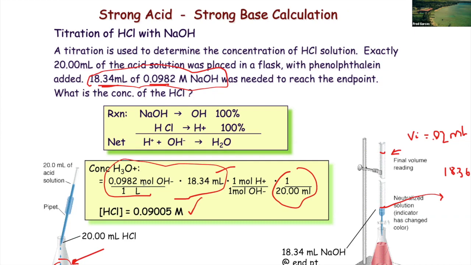You have the moles of the base, that's the concentration times the volume, and you're using the stoichiometric ratio. It's a 1-to-1 ratio. One mole of hydroxide equals one mole of acid. And then I'm just taking that mole of acid, dividing by the volume of that acid, and now I have the concentration. So if you look at the last problem that we did in chapter 13, it's exactly the same thing.